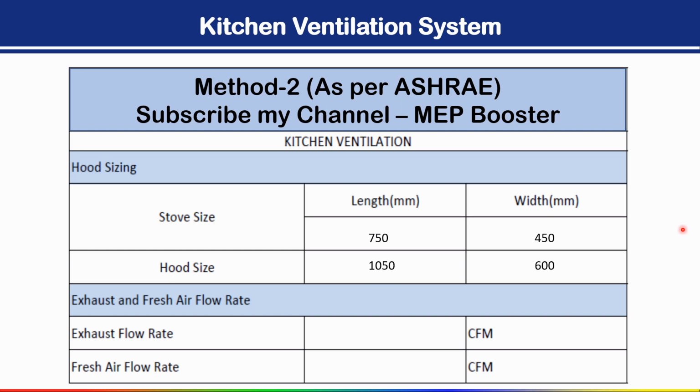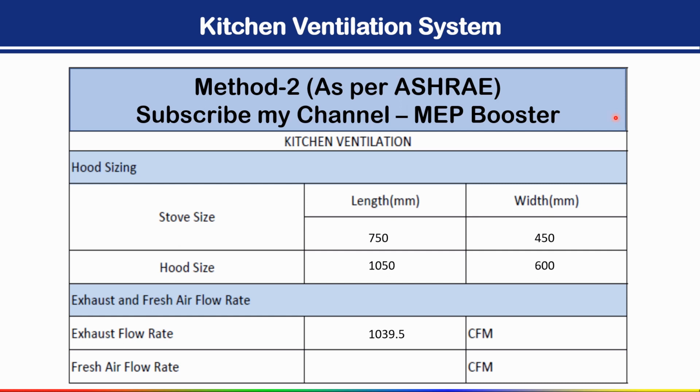You have to put that value in the formula, along with the maximum among length and width of the hood. Here the length of the hood is the maximum, so we apply the formula: 1050 into category 990 divided by 1000. So you will get the exhaust flow rate value 1039.5 CFM.